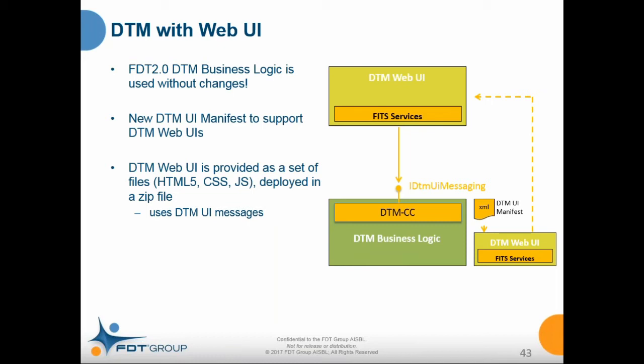You could also use different, for example, JavaScript-based frameworks like AngularJS or similar frameworks to develop and deploy these user interfaces. In the prototype, this user interface is deployed just in a zip file. Whether we will keep this in the final specification needs to be discussed, but this is the decision we took for the prototyping.